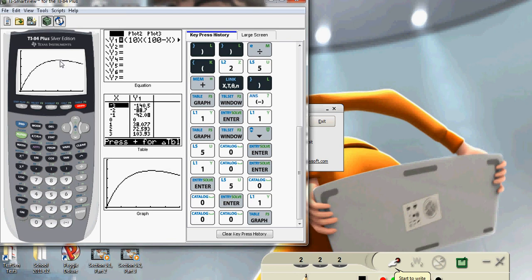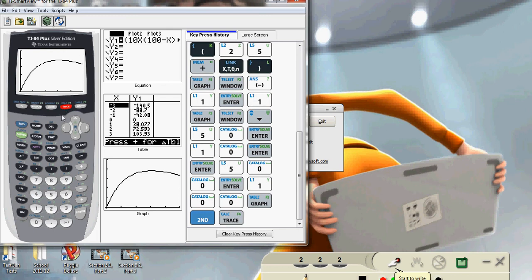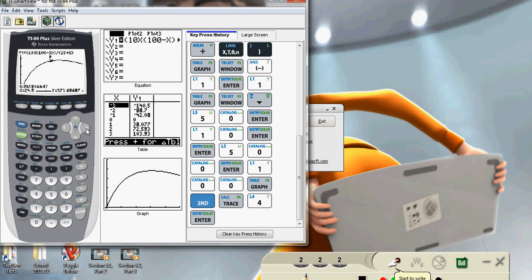So it says what tax rate produces a maximum revenue, and what is that maximum revenue? Well, I have to understand the x is what is inside the parentheses, and this represents the revenue. So first I need to find the maximum there. So I'm going to do a second calculate, find a maximum. I'm already to the left, so I'll hit enter. I need to go a little bit to the right of that.